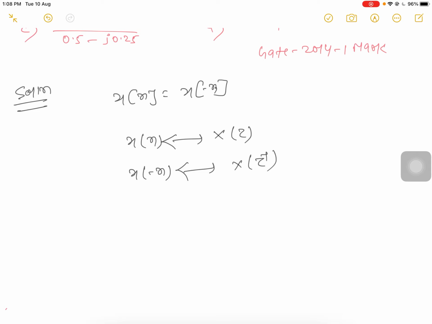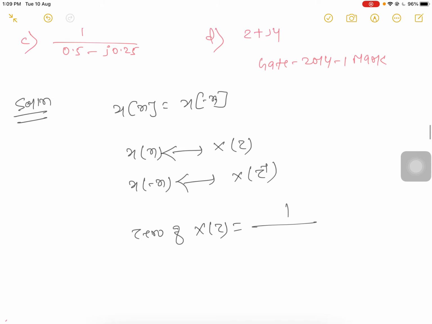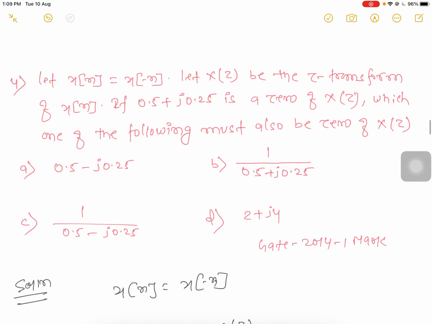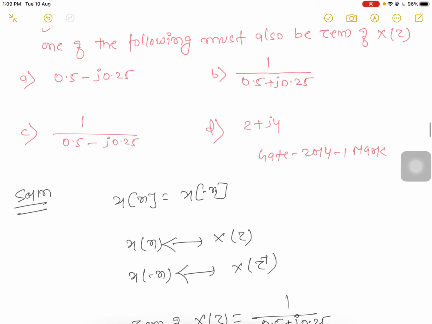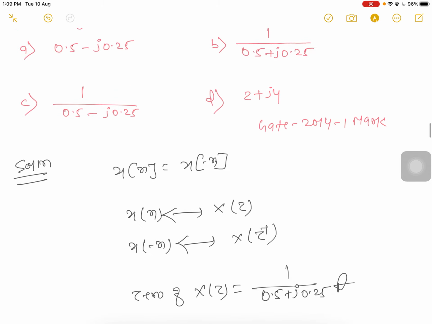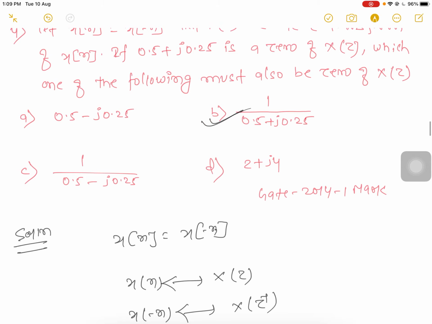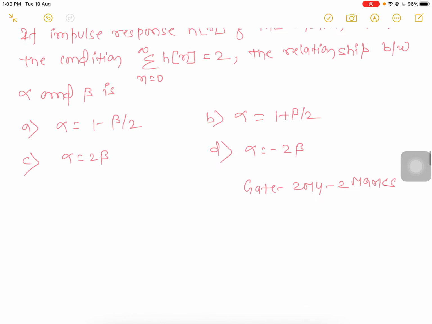So the zero of X(z) will be 1 upon z inverse, and 0.5 plus j0.25 is given as a zero of X(z). So option B will be the right answer.